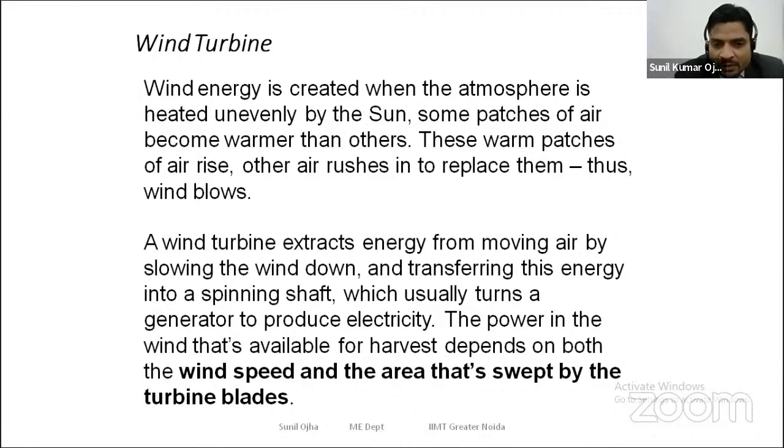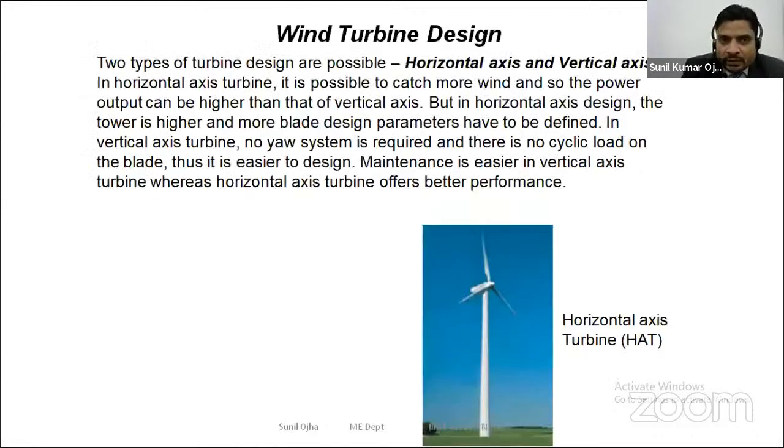As in the previous equation, power is half rho A v cubed. So power depends upon the velocity of the wind and the area swept by the turbine blades.